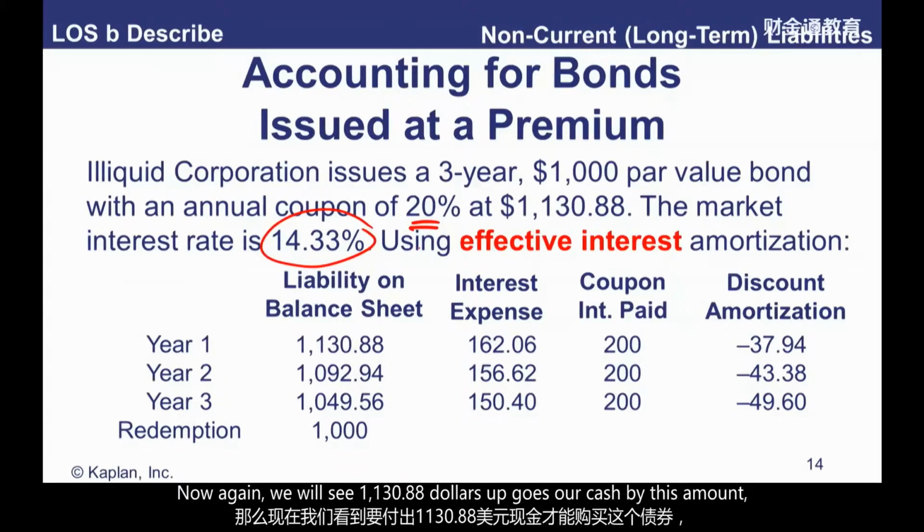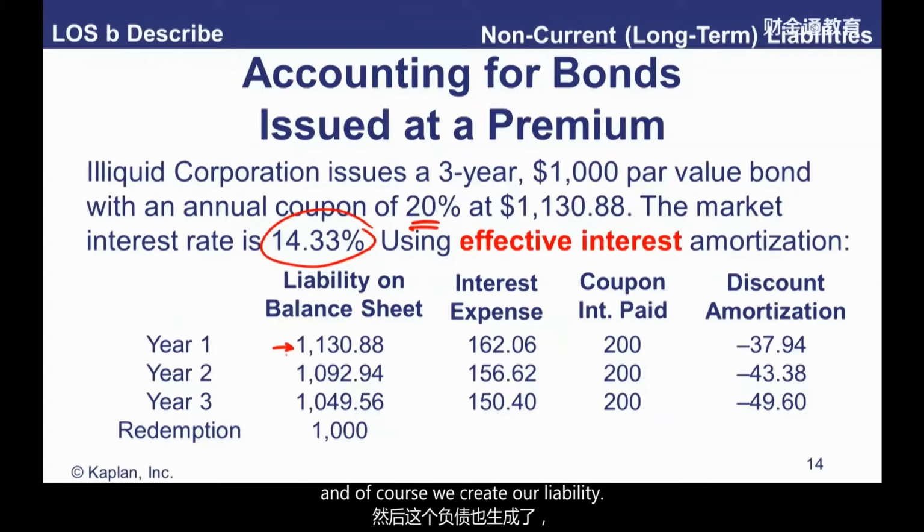Now, again, we receive $1,130.88. Up goes our cash by this amount, and of course, we create our liabilities. So assets and liabilities both increasing by $1,130.88. The interest expense, exactly the same calculation as normal.